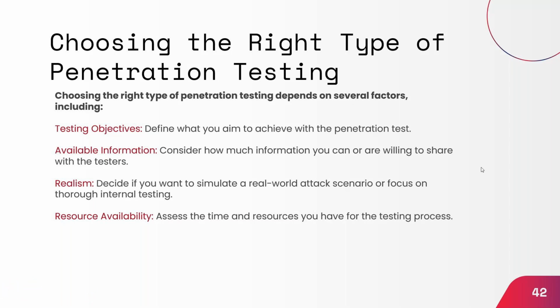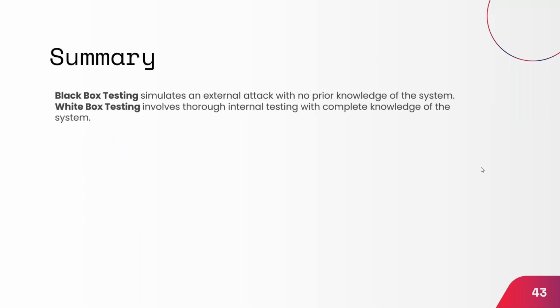And realism, decide if you want to simulate a real world attack scenario, or focus on thorough internal testing. Depending on what you want to focus on and what sort of resources you have, you can choose the approach accordingly, right? In summary, black box is an external attack with no prior knowledge of the system.